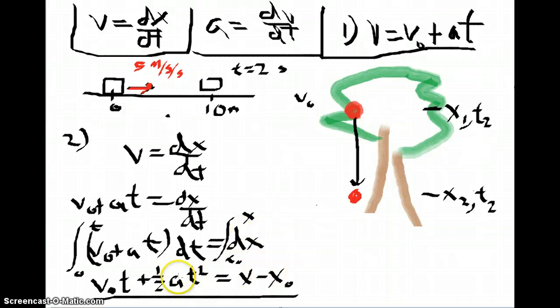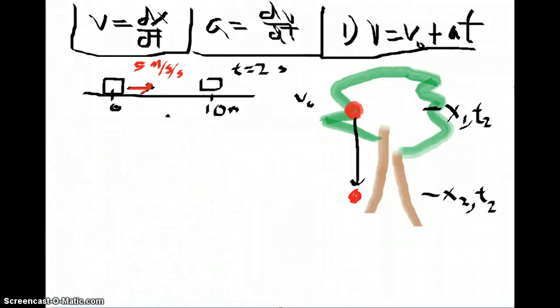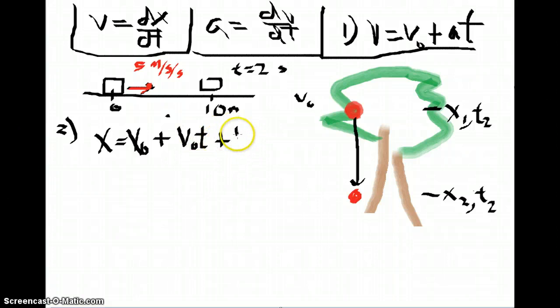So that is the derivation of the second equation of kinematics. Let's clean this up a bit and redraw it. So the second equation is x equals x naught plus v naught t plus half a t squared.